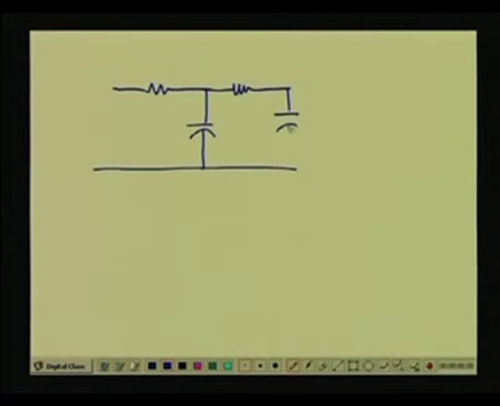The filter will look like this. These are all passive filters. In most cases they will suffice, because if you use an active filter, there are some advantages, but there are disadvantages as well. This is E2, this is RF as before, this is EO, this is CF.